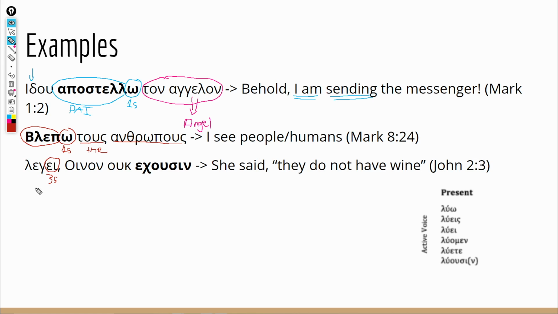In context, this is she, and we just know that from what story is being talked about. So she said, right? Leg means to say, third person singular, therefore she said, comma, oinon ouk echousin. Okay. Oinon, we see the on here.